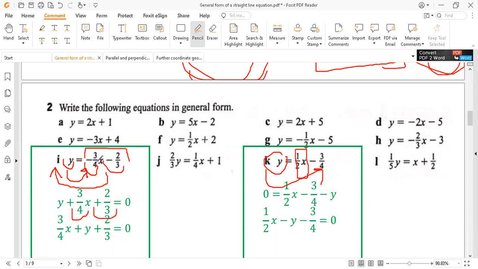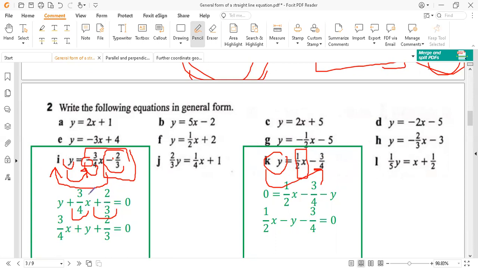Or we can say we add. Here we have -3/4 x, so we add 3/4 x to both sides. And when we have -2/3, we add +2/3 to both sides to obtain y + 3/4 x + 2/3 = 0.